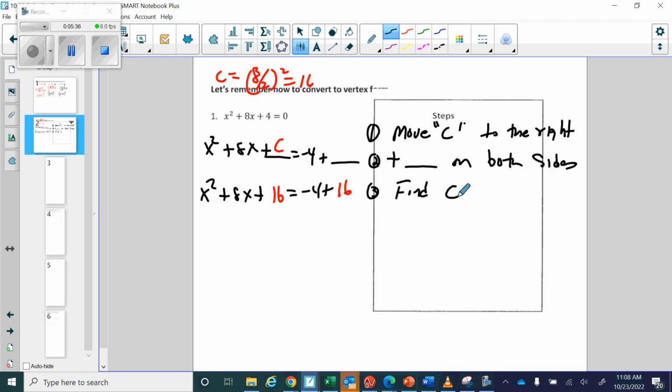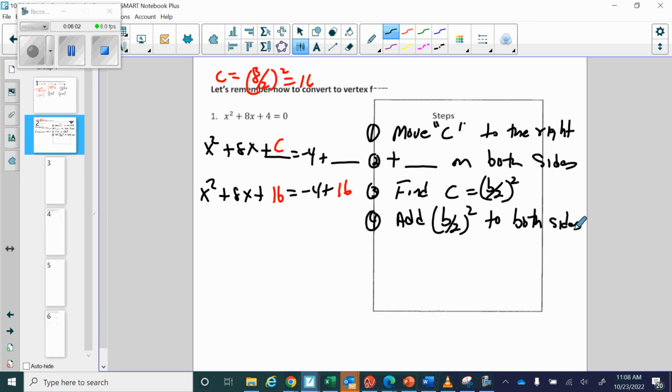All right? So step number 3 now is find C, which is equal to b divided by 2 squared. And then step number 4, we add the C value to both sides. So we add b divided by 2 squared to both sides.